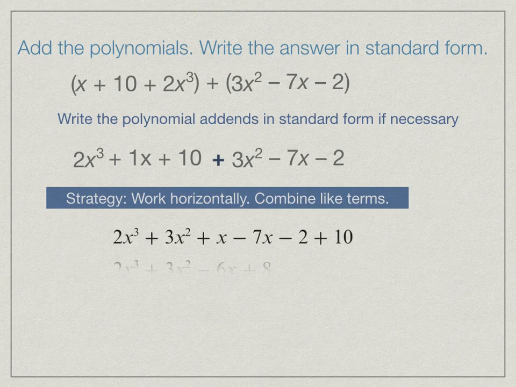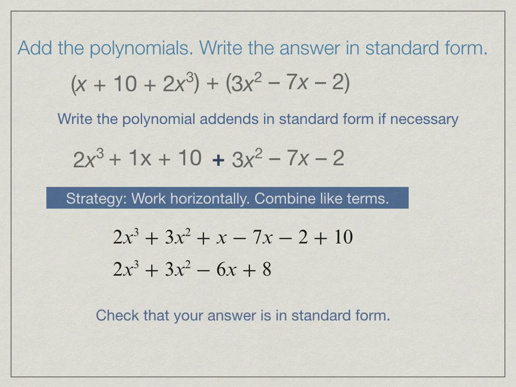And so simply combining like terms, my 2x cubed term comes down because there's nothing else to combine it with. The 3x squared term is the only quadratic term in this polynomial. And then we have minus 6x plus 8. And that is our final answer for adding those polynomials.